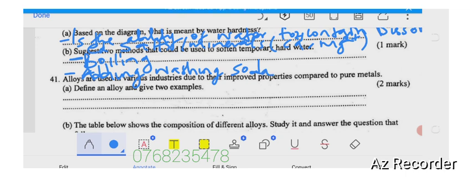You can also use distillation as a method of softening temporary hard water. So all these three methods can be used to soften temporary hard water. But when it comes to permanent hard water, boiling is excluded because it doesn't soften permanent hard water.